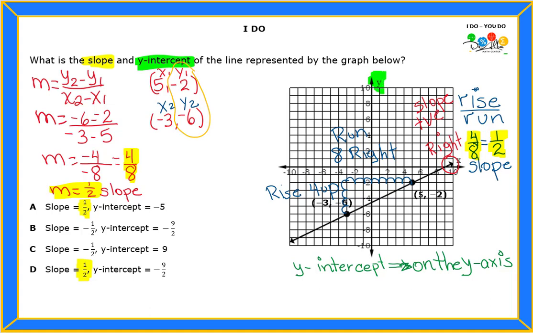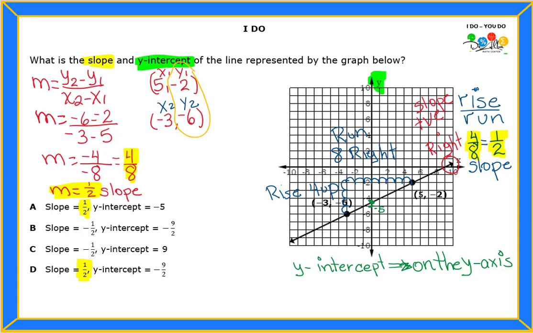This is my y-axis, and I do see a point that is right here. Now, unluckily for us, that point looks like it's between -4 and -5. Very good. So I know that it's not at -5, which, if I look at the answer choices, would have eliminated letter A, because letter A says that the y-intercept is at -5, and I know it's not.